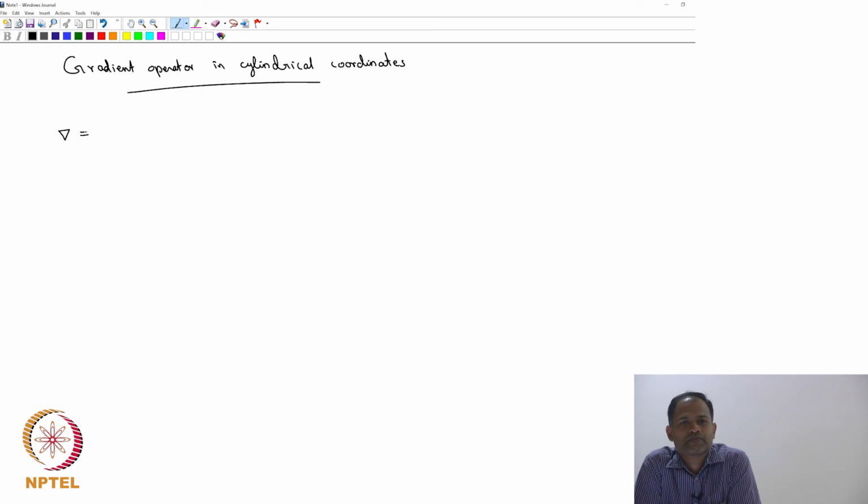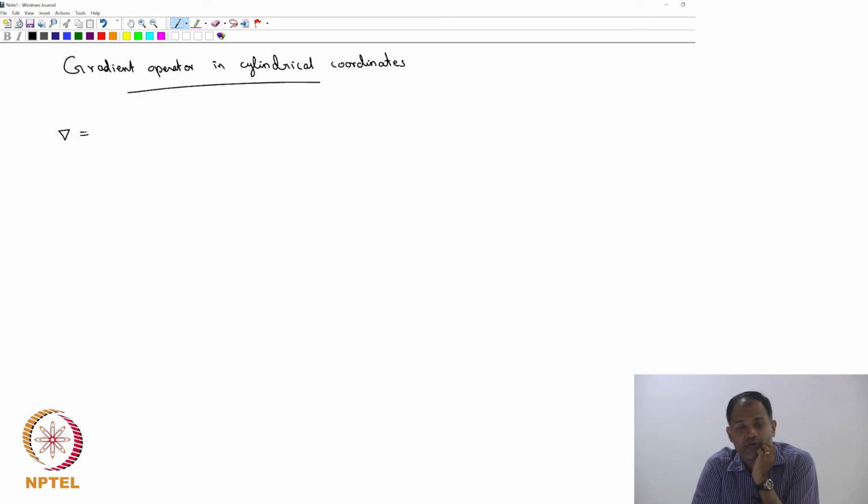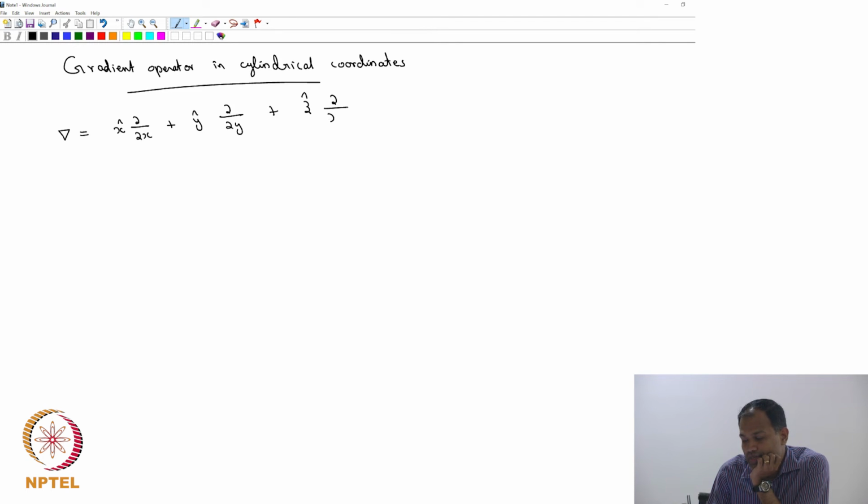Abhiram, what is the gradient operator in Cartesian coordinates first? Something is missing in that. Yes. So, x cap del by del x plus y cap del by del y plus z cap del by del z, right?